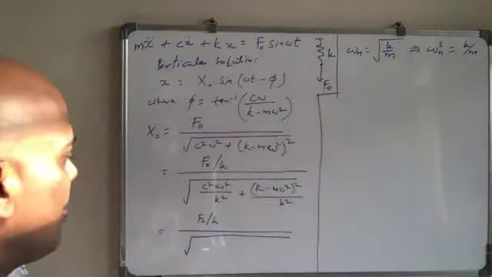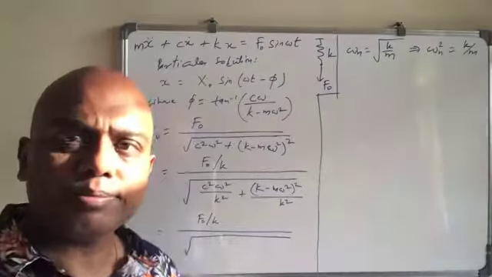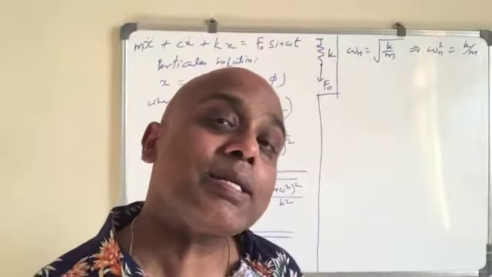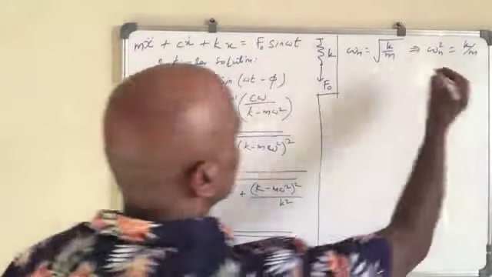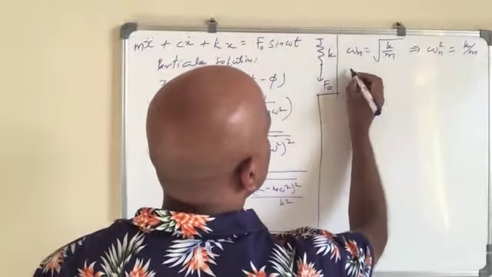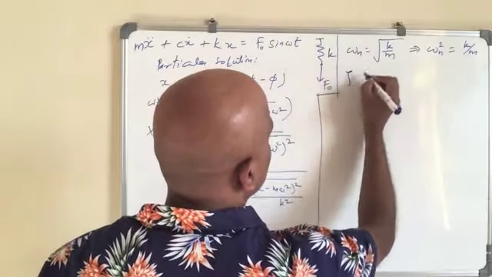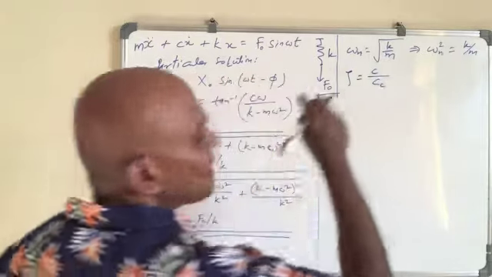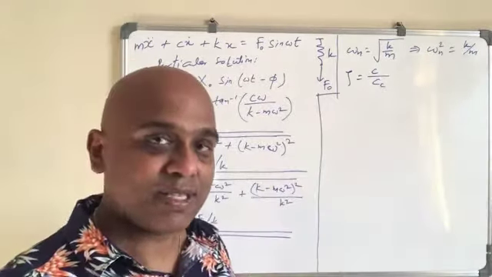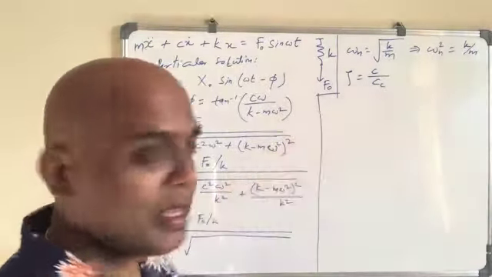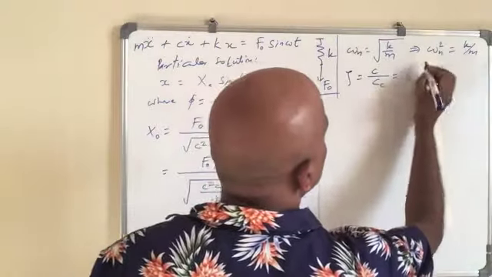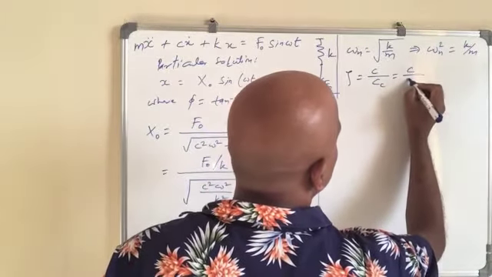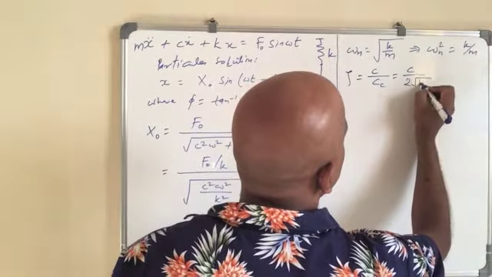Now the second property that we are going to use is zeta, which is equal to c over the critical damping coefficient Cc, and here Cc equal to 2 root km.